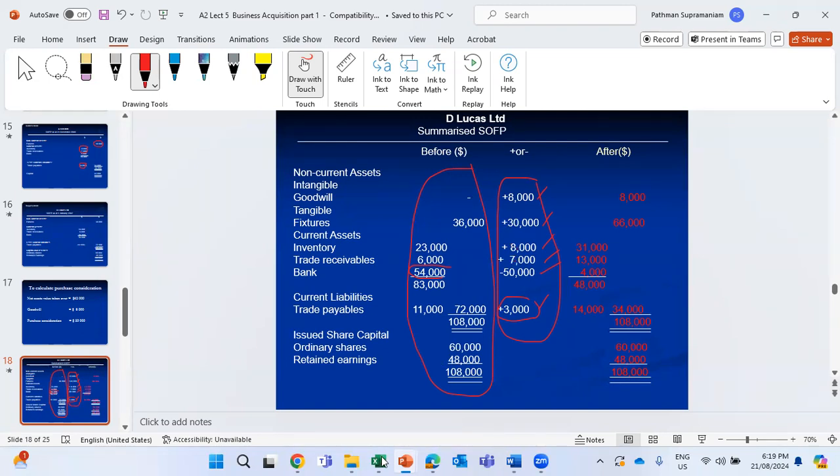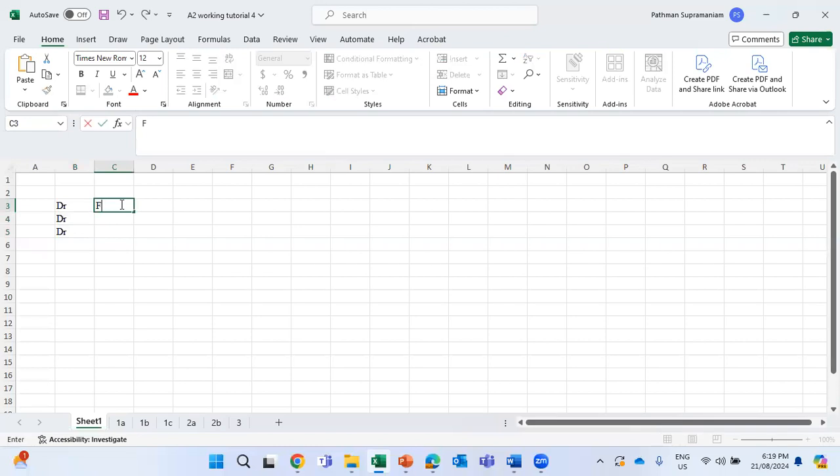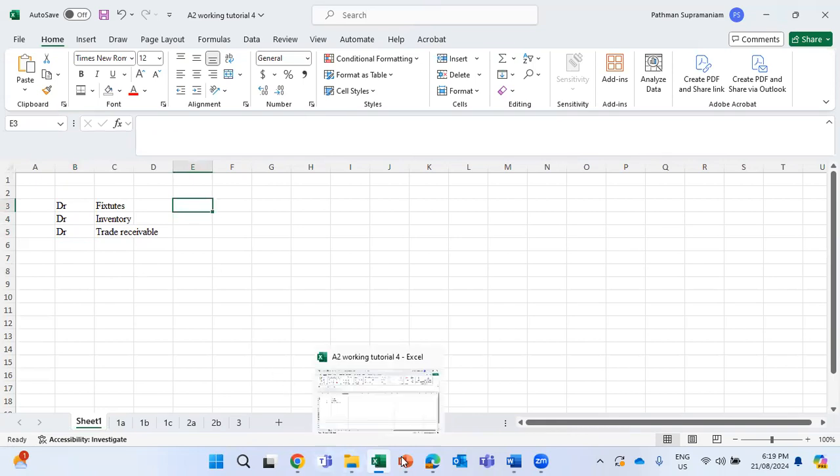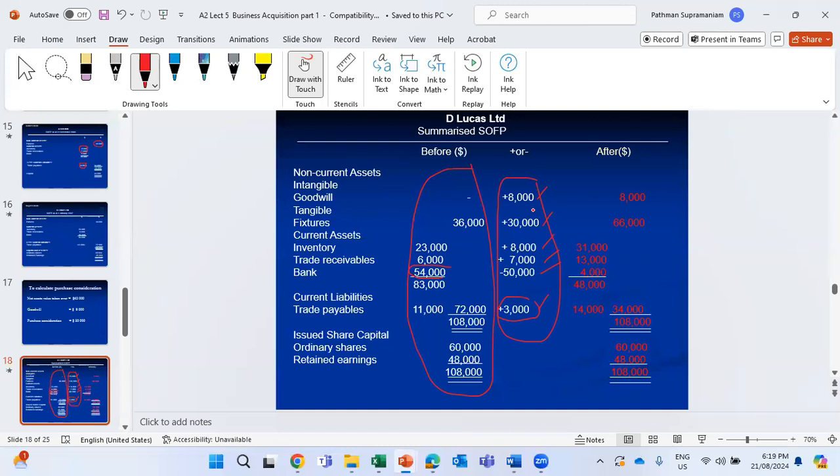So I'll put that here. Since these are coming into the buyer's books and they are assets, assets increase, so we debit 30,000, 8,000 and 7,000.